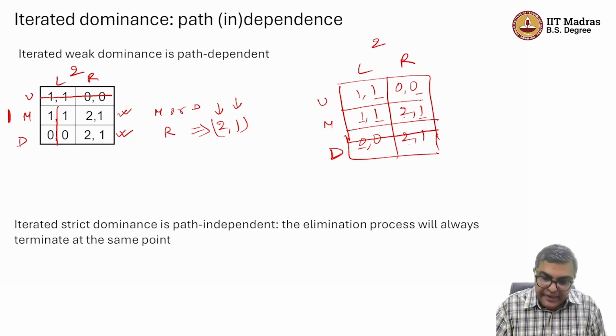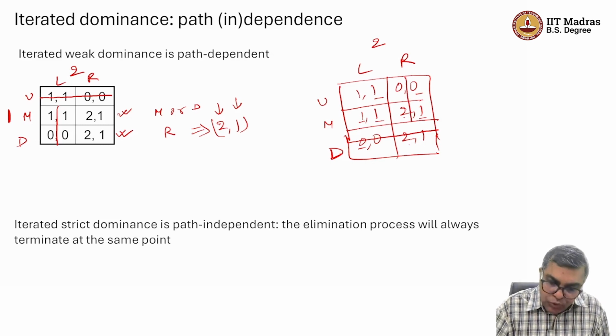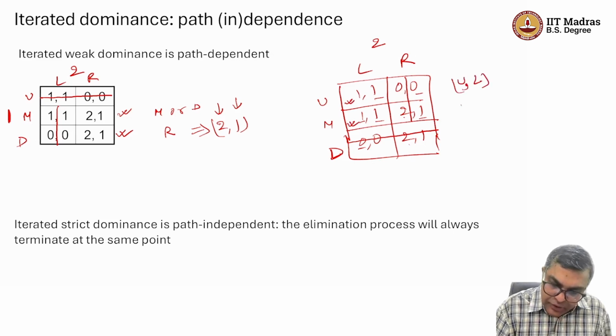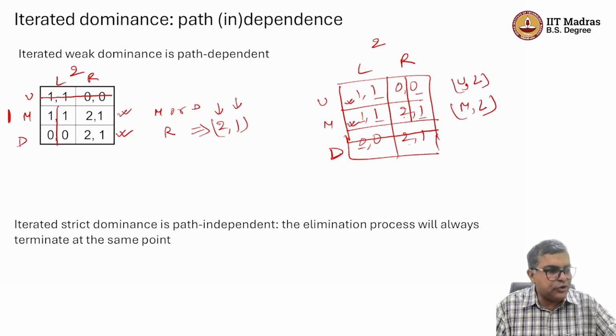But we are removing weakly dominated strategy, so we can remove this. Again, we don't know whether U comma L will happen or M comma L will happen. We don't know.